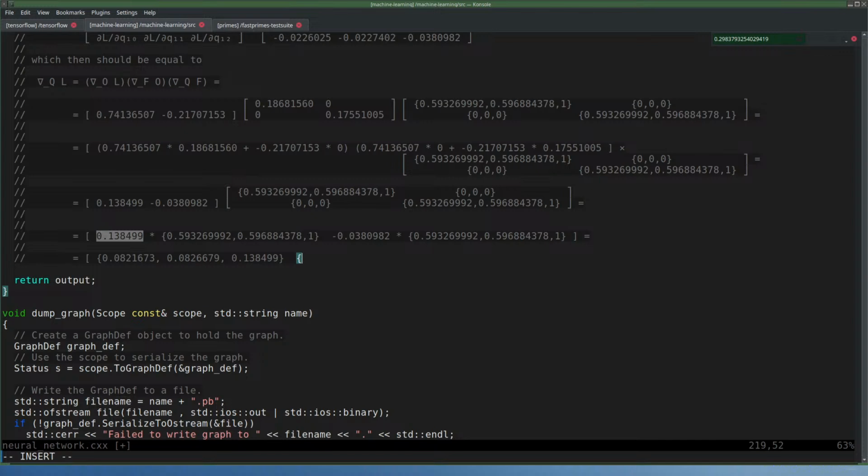Minus 0.0380982 times 0.5993269992 is minus 0.0226025. Go to 1, 0 because that's good. Comma.